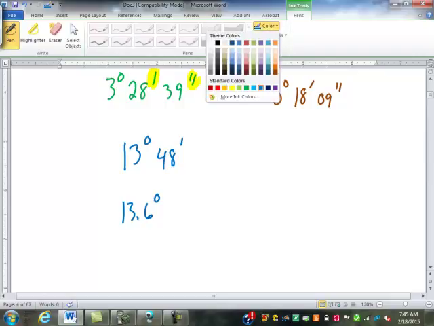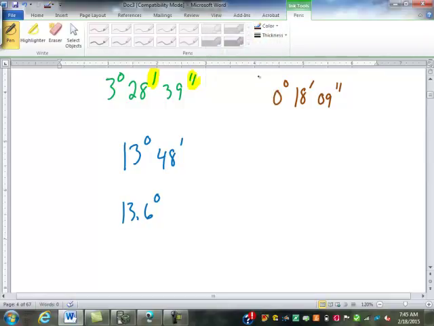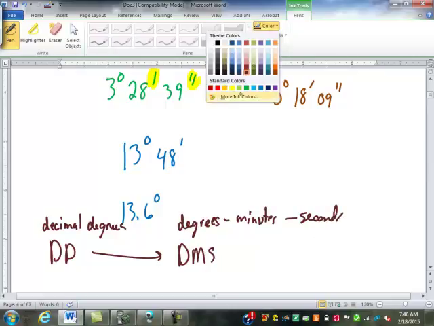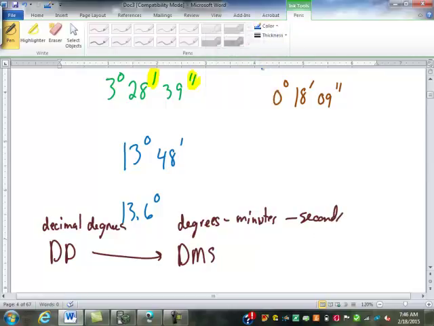So one of our big tasks for today is we want to figure out how to convert between DD, which is the abbreviation for decimal degrees, and DMS notation, which is degrees, minutes, and seconds. So let's take a look first at how to start out with decimal degrees and go into DMS, and then we'll go the other direction.